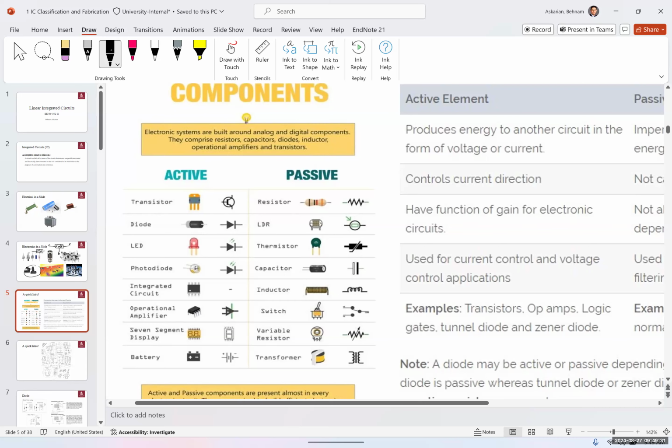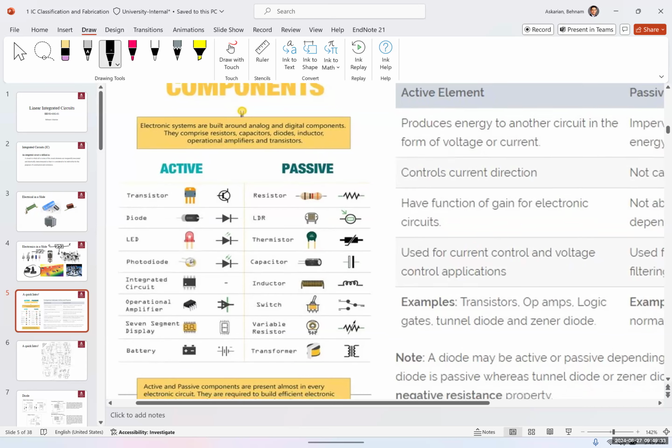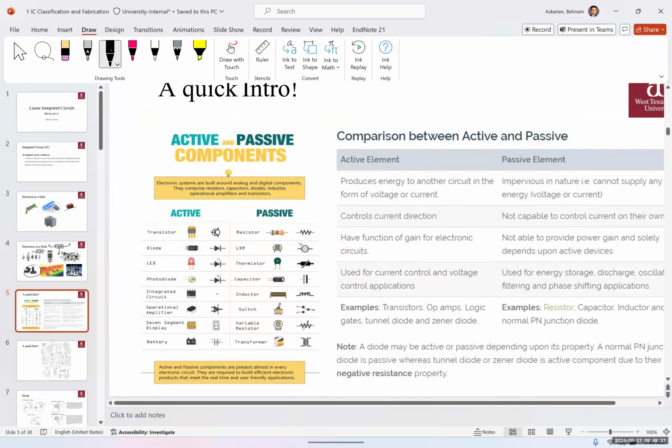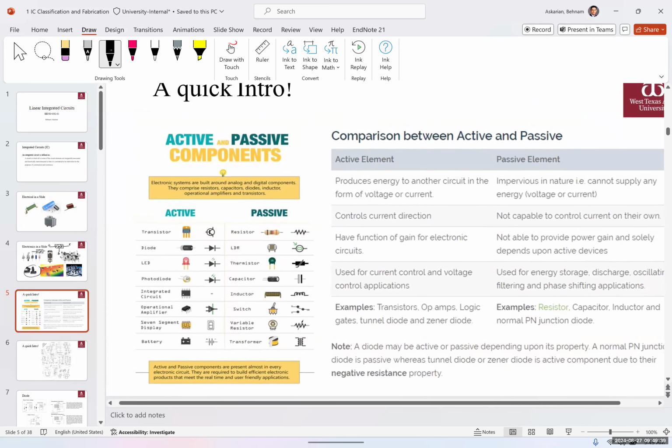Active elements are capable of altering voltage and current and amplifying them, but passive elements are not. An example of an amplifier could be a transistor or an op-amp. An example of power generating elements would be a photovoltaic cell, a PV cell. That could also be an active element.